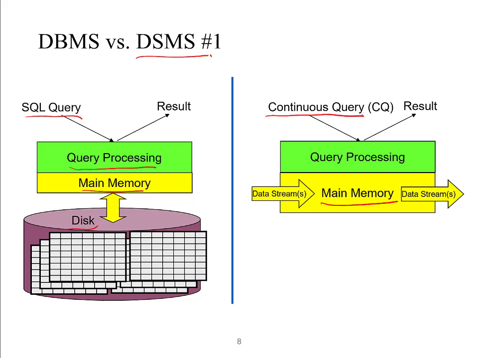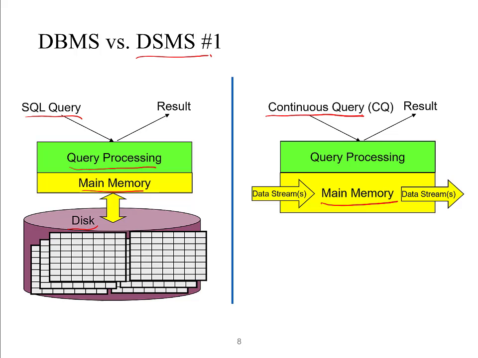Now we see the continuous query. If you still remember, I said we will introduce it later. If you still remember, for a SQL query, you can also do the aggregation, like, I want to count how many rows we have in this table, or I want the maximum value of this column. So for a continuous query, the format is similar.